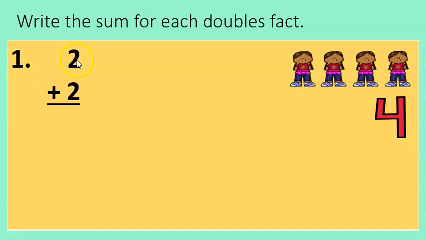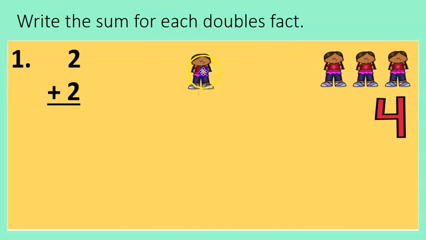Now, we have here 2 plus 2, and we need a number here. But in order to get this number at the bottom, we're going to use pictures to demonstrate how this looks and how to get this number for a doubles fact. Now, boys and girls, 2 is right here. So watch Mr. Begay.